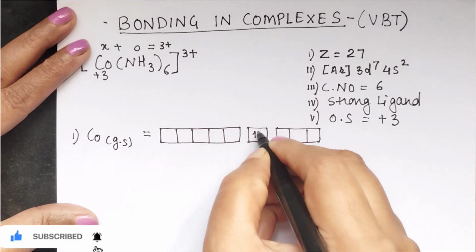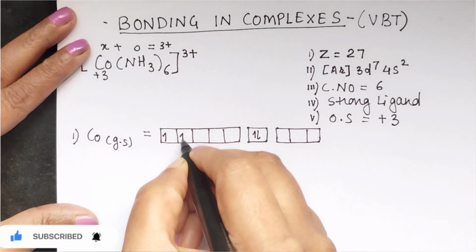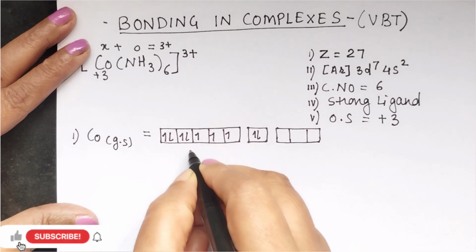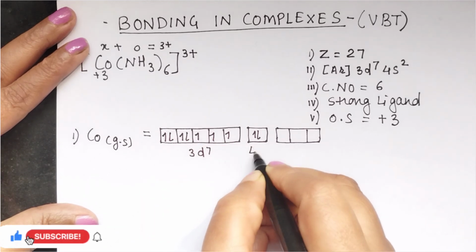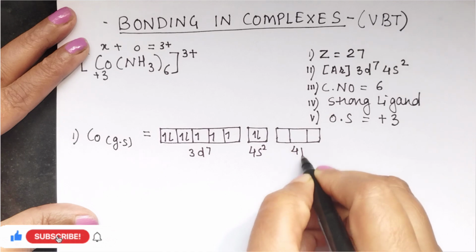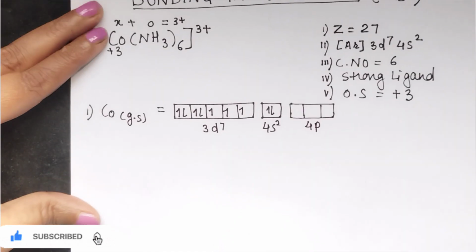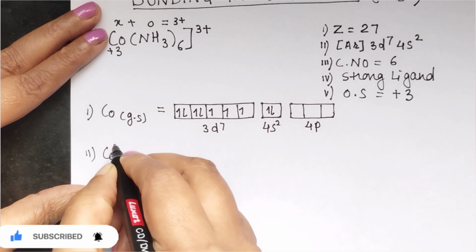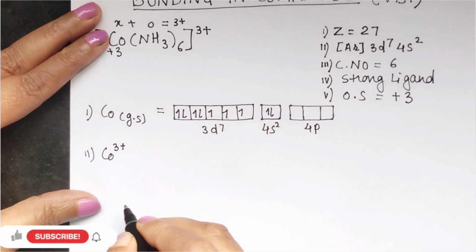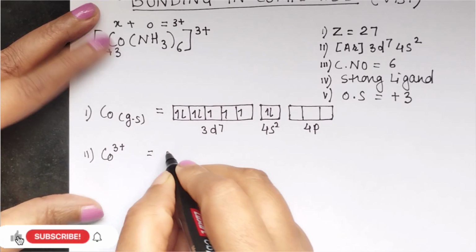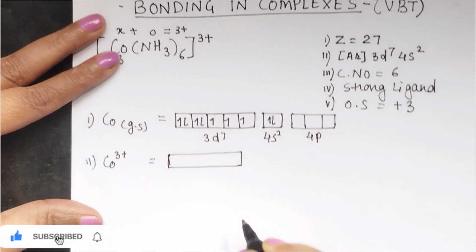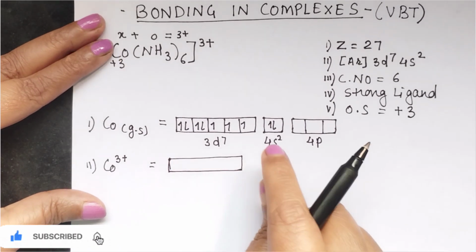You have to follow Hund's rule while filling the electrons. So I am filling the electrons in the d orbitals in this way. This is 3d7 4s2 and this we kept vacant. Next you have to write the electronic configuration of cobalt in its plus 3 oxidation state. So what will be the electronic configuration, students? You have to remove 3 electrons. Now how to remove the 3 electrons?